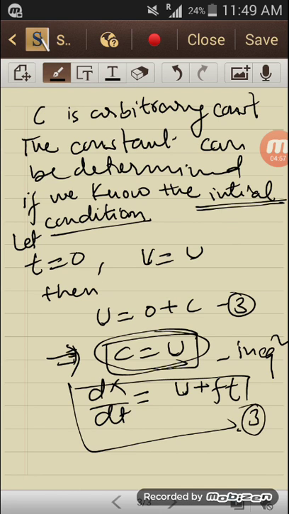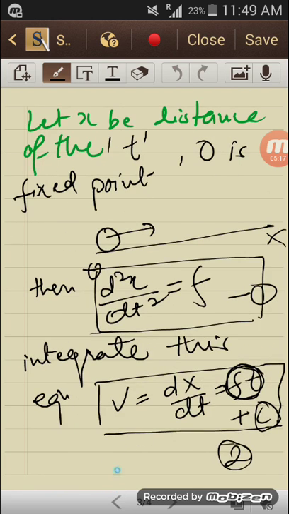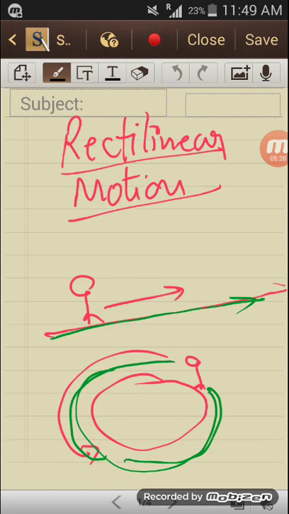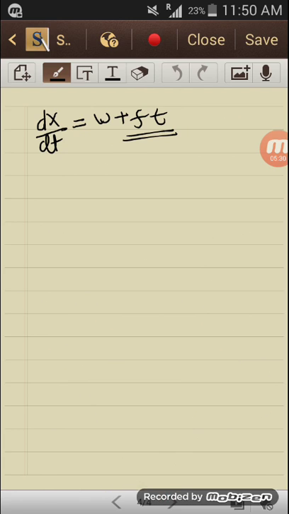Now we have the equation dx by dt equal to u plus ft, and in equation number 1 I assumed that we start from here, so the derivative becomes u plus ft.